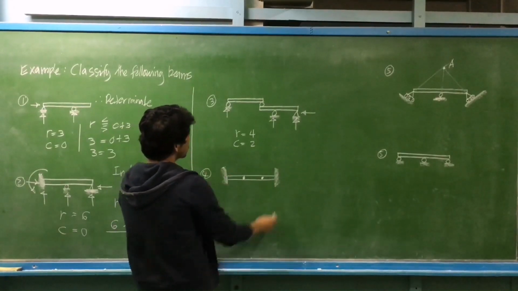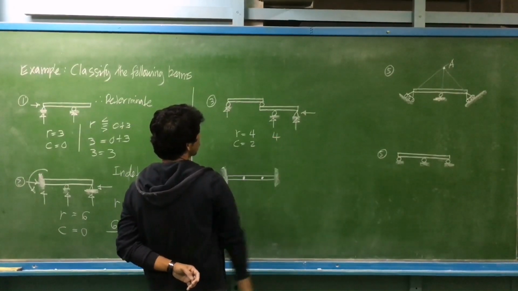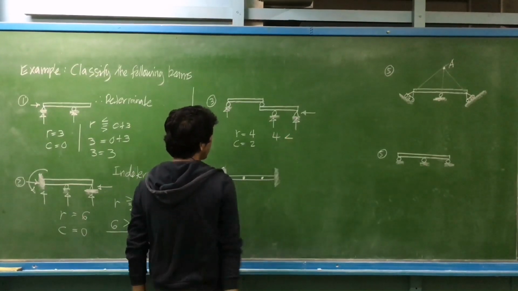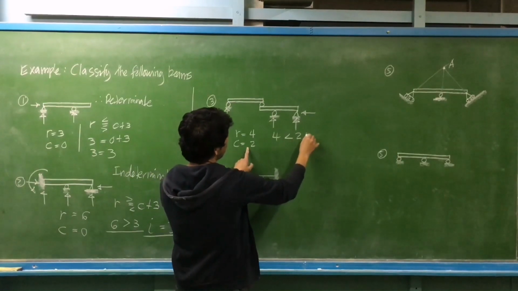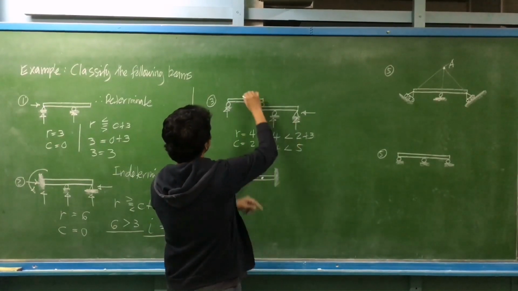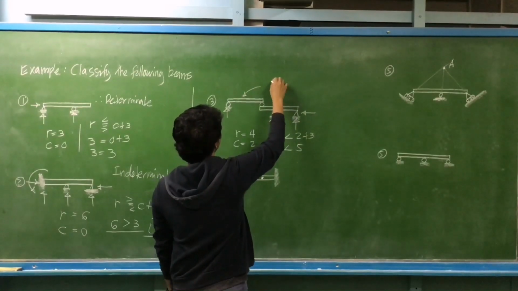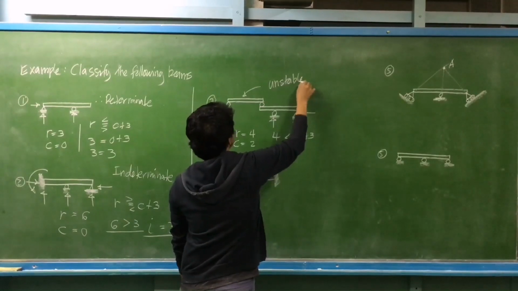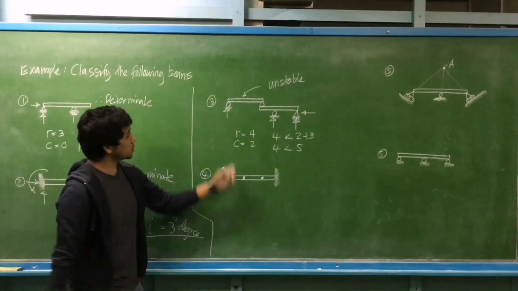So the number of reactions is 4, which is obviously less than C, 2, plus 3. So you have 4 is less than 5. So this structure is considered to be unstable. Okay? So unstable. So why is it unstable?